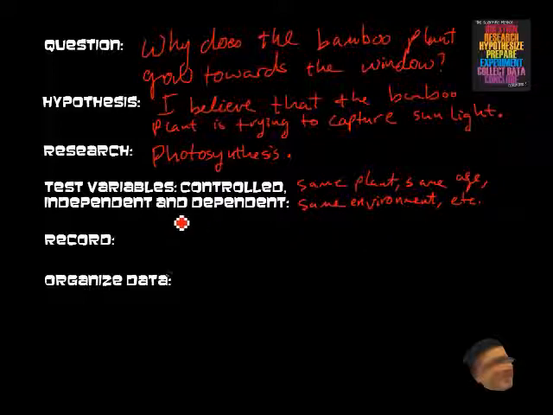Now, there's something called an independent variable and a dependent variable. The independent variable is a variable that changes, and as it changes, it affects your dependent variable. So your dependent variable is dependent on your independent variable. In this case, our independent variable would be the sun rays or the sunlight.